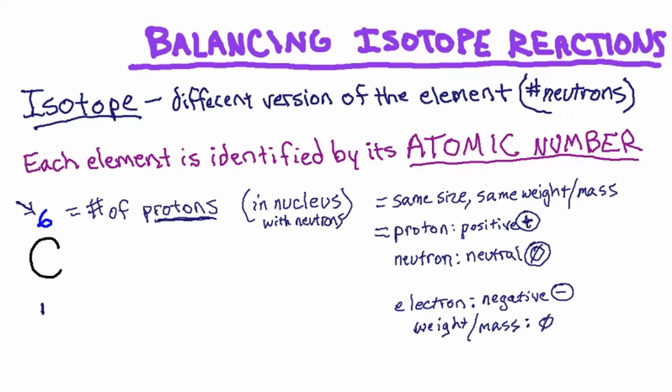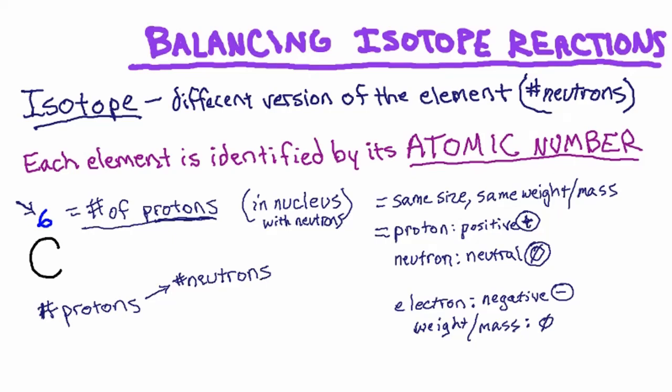So there's 6 protons, so this is a carbon. But normally, the number of protons defaults to equaling the number of neutrons, because the neutrons and the protons both hang out in the nucleus, and they're buddies.